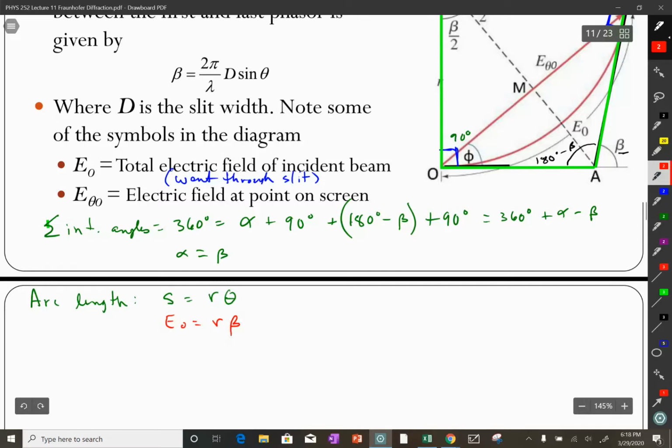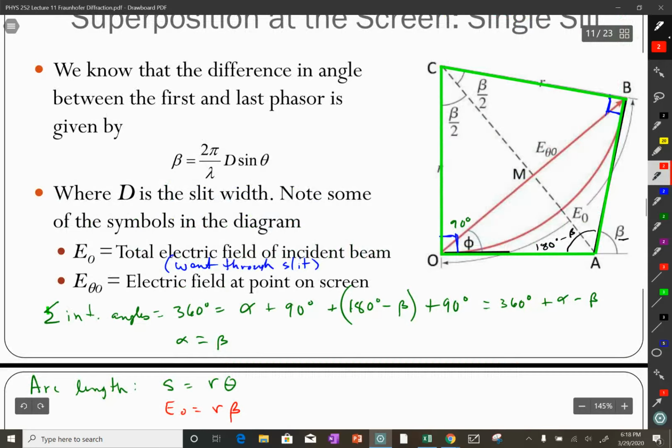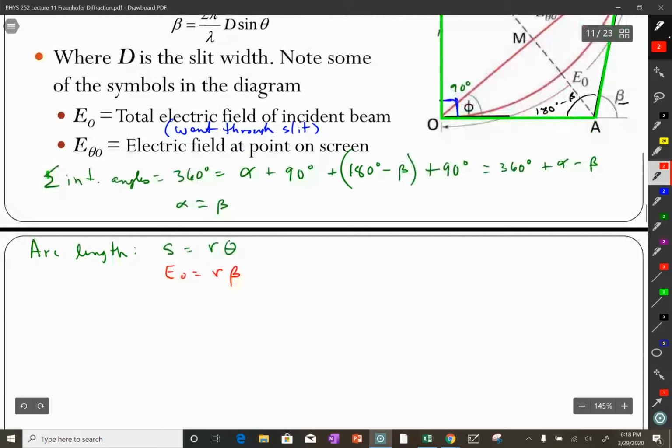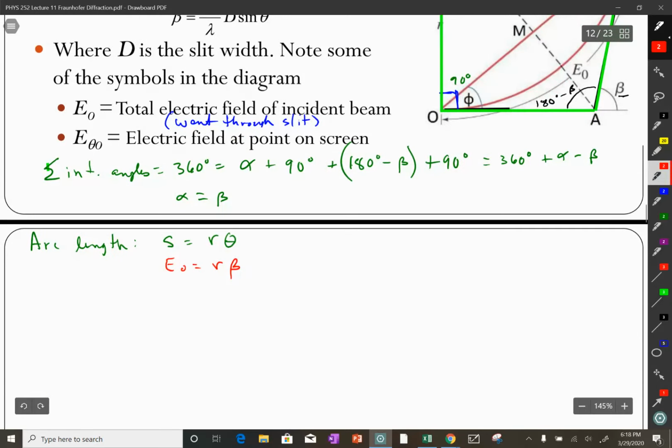So there's an equation that relates the total electric field that went through the slit to this radius. And you might be asking, what is the radius? Important: it's the radius in the diagram, okay? Times beta, where beta is the maximum angular shift between the first and the last rays going through the slit. So that's the first thing we do.